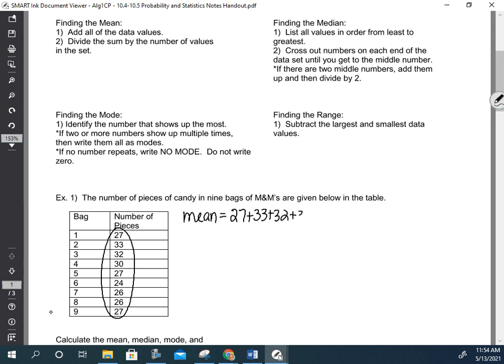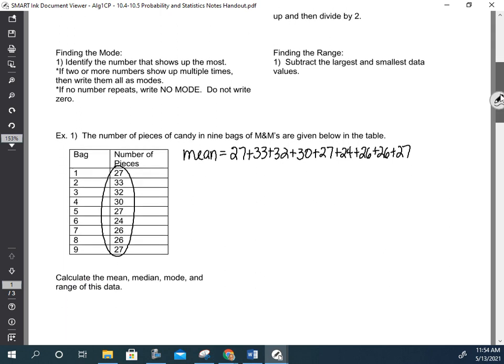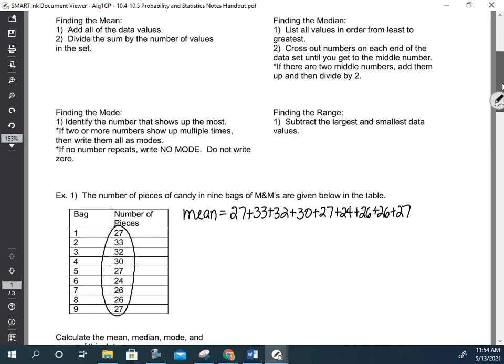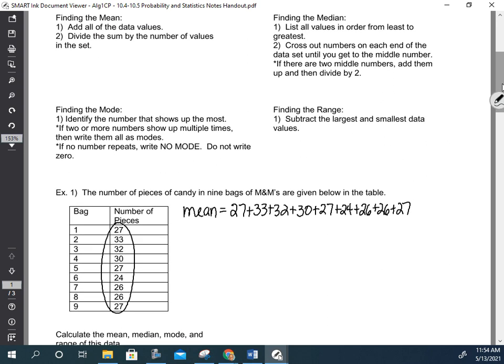Now, use the calculator. First, you've got to add all those up.